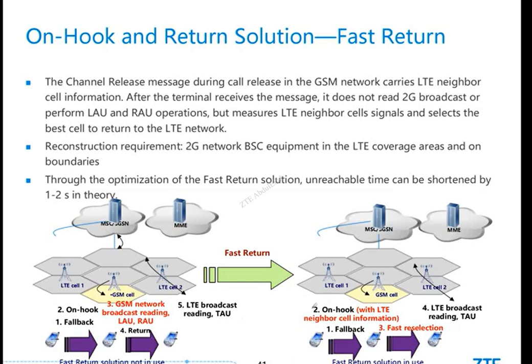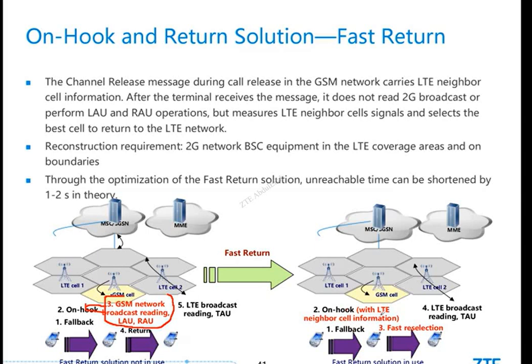Okay, we can see in this procedure, we just move procedure number 3 to the second procedure. That means the second procedure and the third procedure are together. So after hanging up, the UE has no need to read the GSM network broadcast and do the location area update and routing area update.